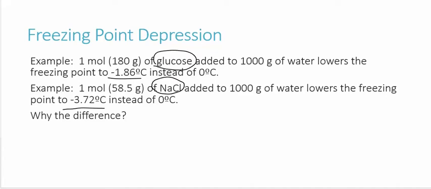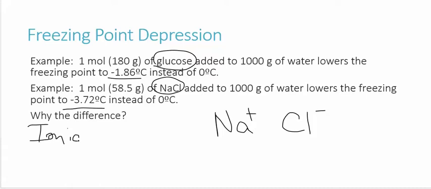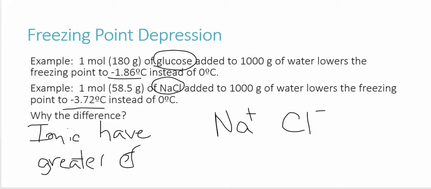Sodium chloride contains a metal, so it produces 2 particles in solution, Na+ and Cl-. So why the difference? Ionic solutes have greater effect on all colligative properties. In this case, freezing point depression. So ionic solutes have a greater effect. They will lower the freezing point more than a molecular solute.